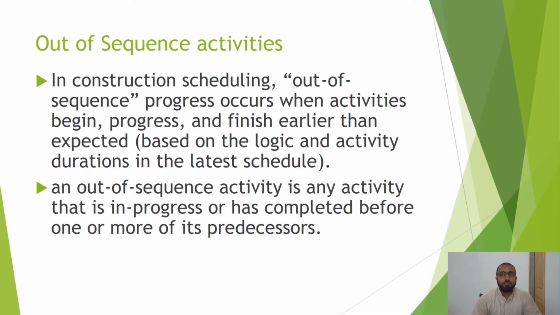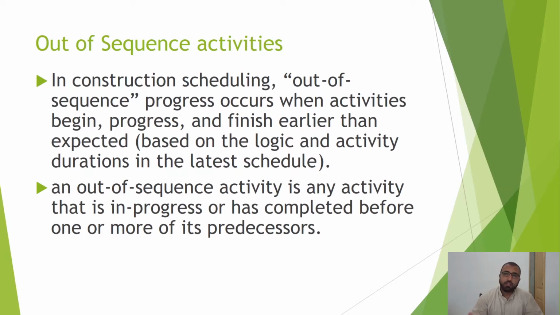But there is another type of logic that is called the soft logic. For example, maybe you have assumed that once we complete the first activity we will start with the ductworks, then after 2-3 days you start another activity, the hot and cold water piping. But maybe actually on the site the duct was not delivered and the piping was delivered, so you started piping earlier.